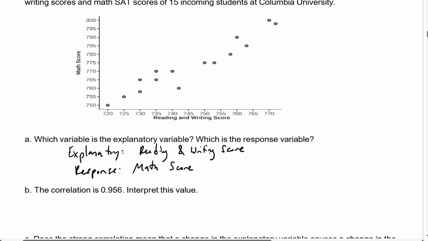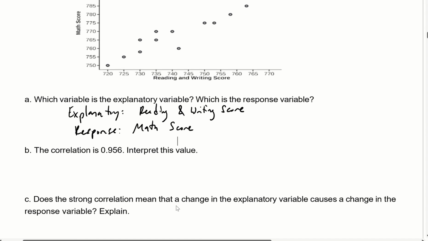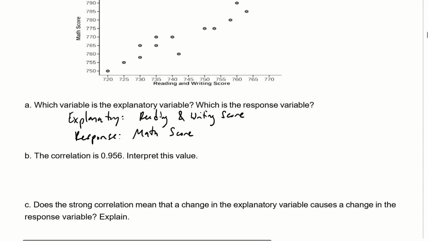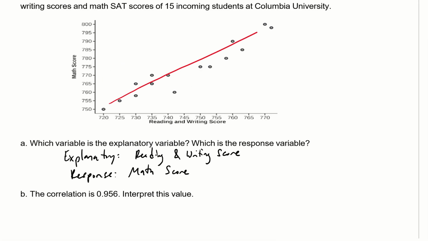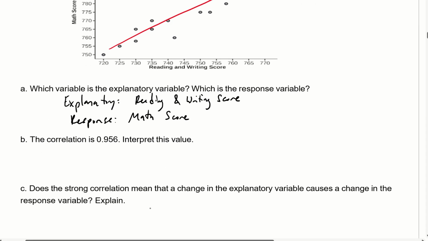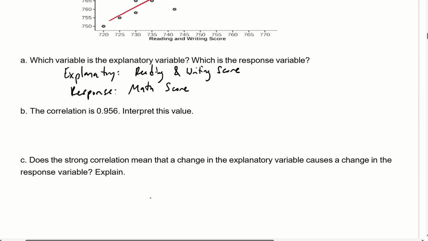All right, and then it says correlation is 0.956, interpret this value. So remember, correlation is based on our linear relationship. So they're talking about the linear relationship here has a strength of 0.956. And so the linear is saying that it's very strong. 0.956 is very strong and it's positive, okay?